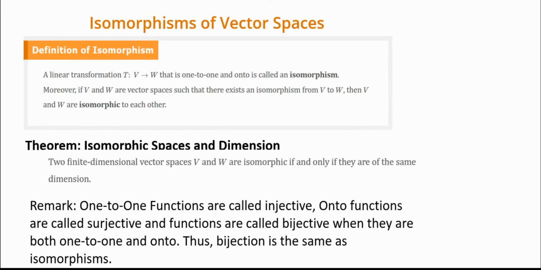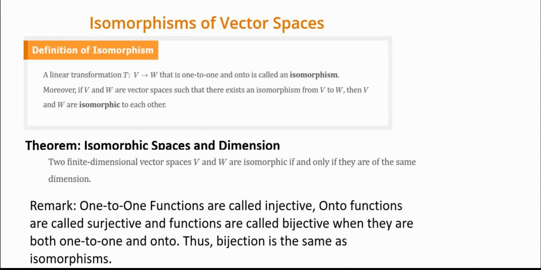Isomorphic spaces and dimension. Two finite dimensional vector spaces V and W are isomorphic if and only if they have the same dimension. So that's probably obvious, I think, from the information. Now, considering this course as it maps into abstract and modern algebra, one-to-one functions are called injective or injection.